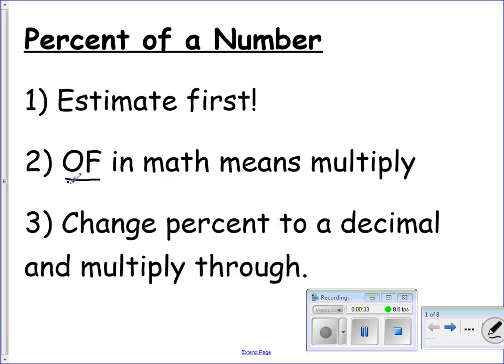So when we see of, especially when we find the percent of a number, it's telling us to multiply. And then last, we're going to learn the basic idea of finding the percent of a number. Mathematically, all we're going to do is change our percent to a decimal and then multiply through.